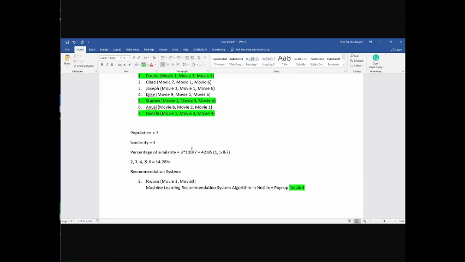Why? Because the machine learning algorithm, based on the data, has seen that over 40% of anyone that watches movie 1 and movie 3 will most likely watch movie 4. And you will say, how did it know that I would like this movie 4?